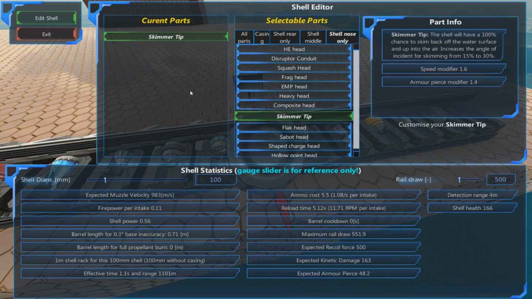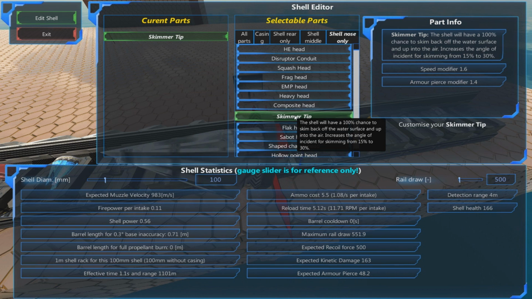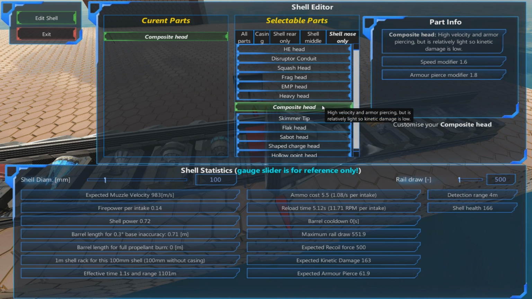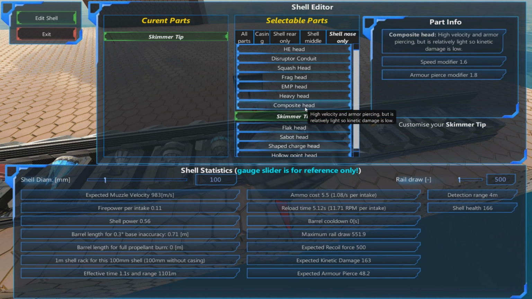And what that means is, when you're firing at something that is on water, and keep in mind, there's no penalty to using this. It doesn't really reduce armor penetration, it doesn't reduce payload or anything like that, so it's basically like a composite head but with less AP.